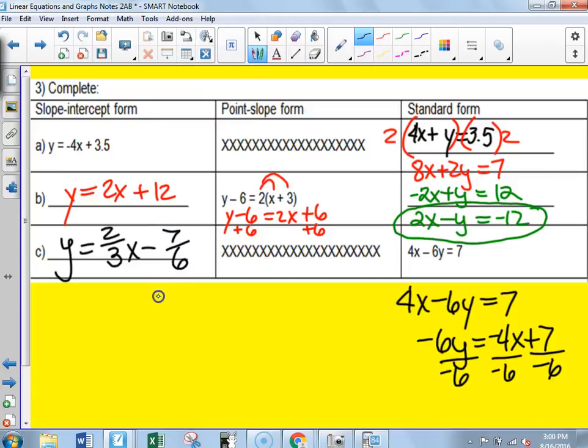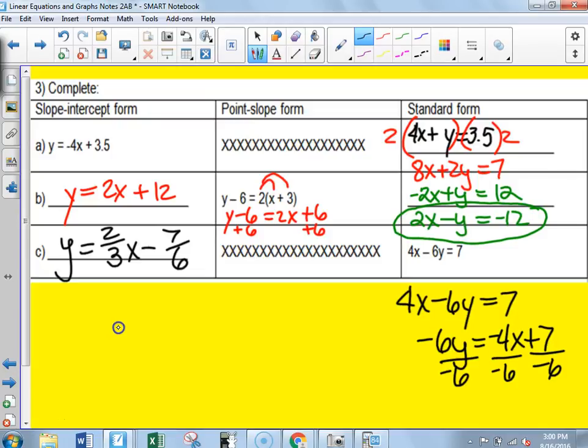I'm glad I don't have to graph that accurately, right? To the nearest sixth. But do you see now why they would call this the pretty form over here? If that's the same equation, this one looks much nicer, right? The one that says 4x minus 6y equals 7.